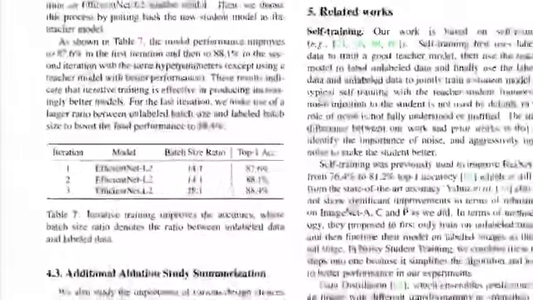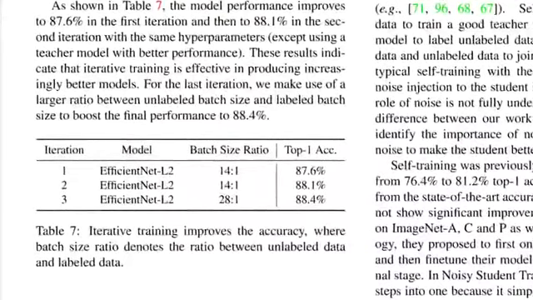And I think they have it somewhere here. Yes. So as you can see, in iteration 1, you start with the B7 and train the EfficientNet L2 with a batch size 14 times larger, and you gain significantly, right? This gains about 2% over the original EfficientNet.